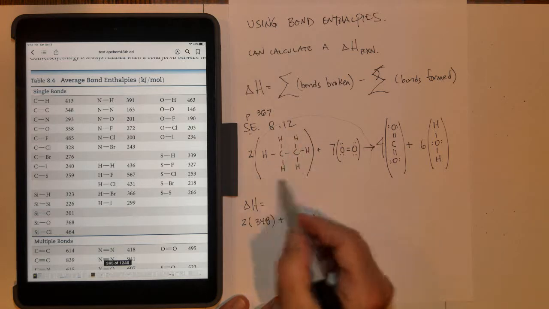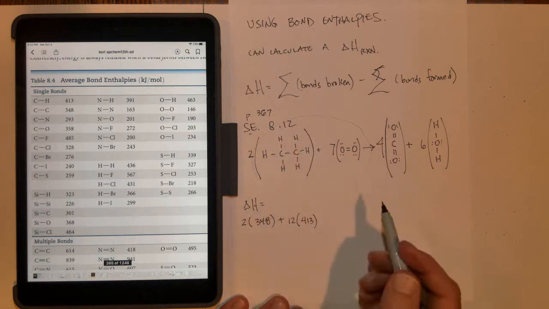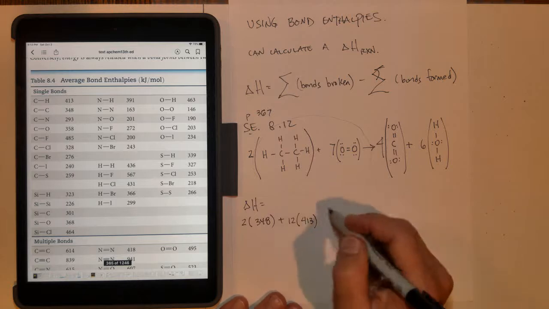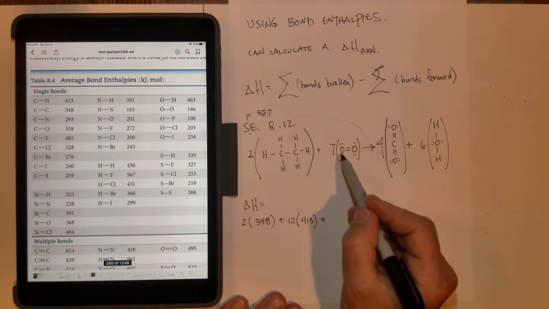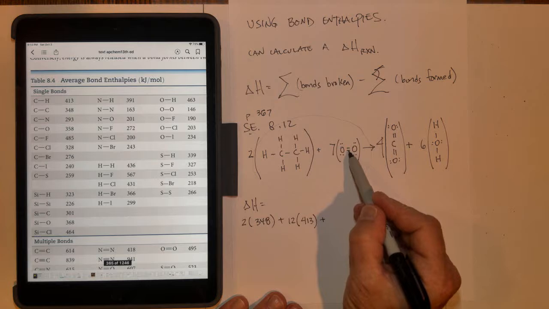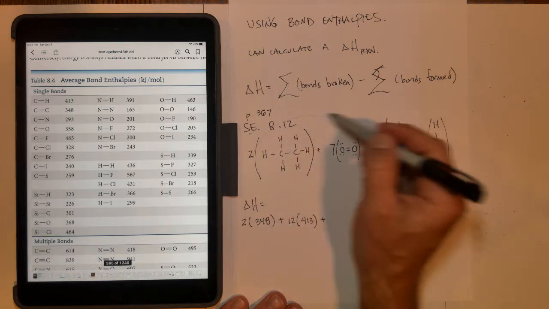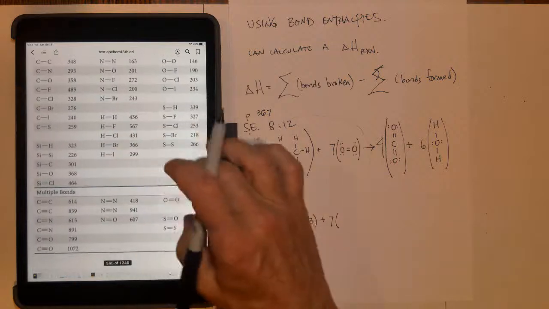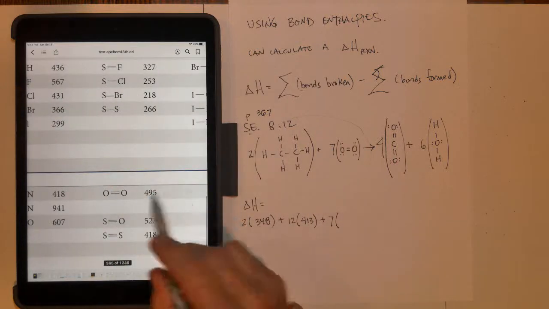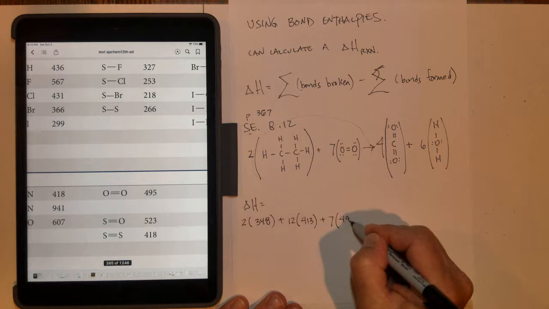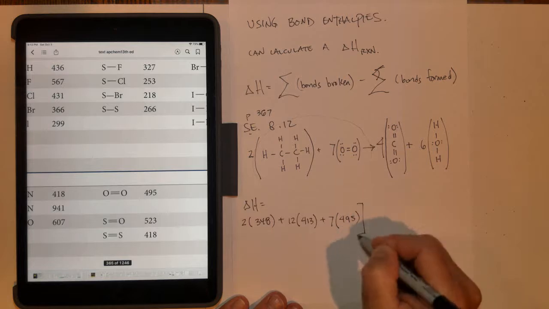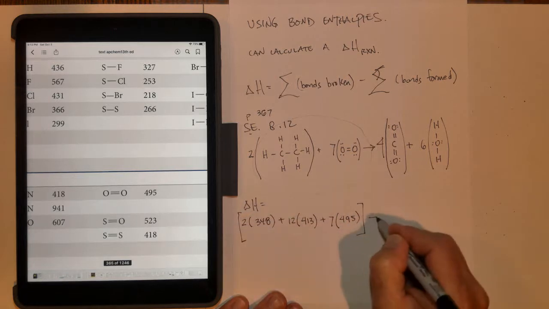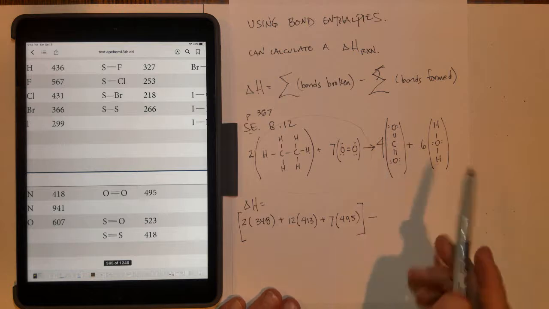So that takes care of this molecule with the bonds that are broken. Plus, now we have 7 of these oxygen-oxygen bonds on this reactant side. So 7 times an O=O double bond is right down here, 495. So that's my bonds broken, minus my bonds that are formed over here.